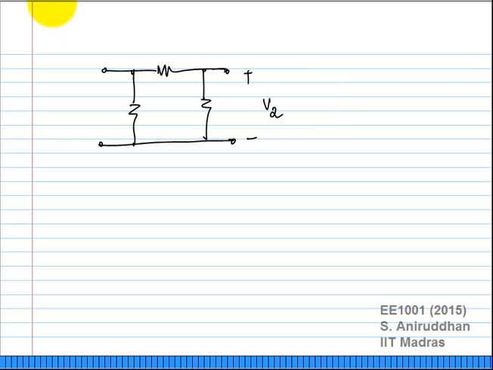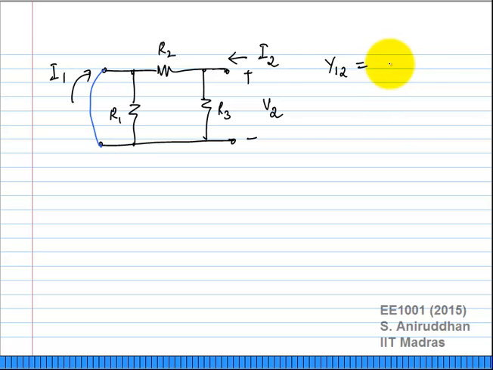To calculate the other set of parameters, I am going to short circuit the input, set V1 to be 0, and I have I2 and I have I1 flowing in this direction. R1, R2, R3. What is Y12?